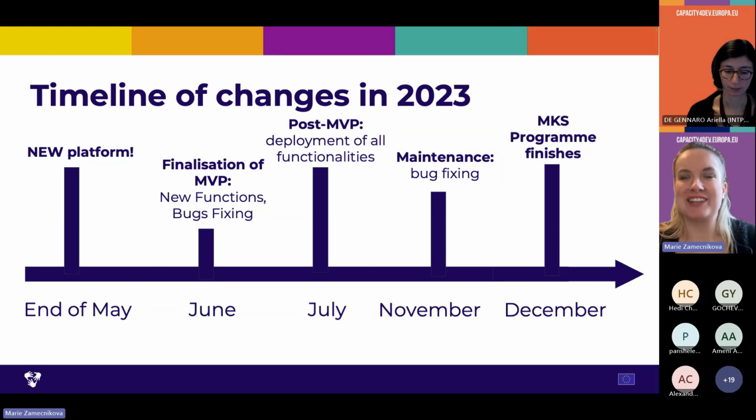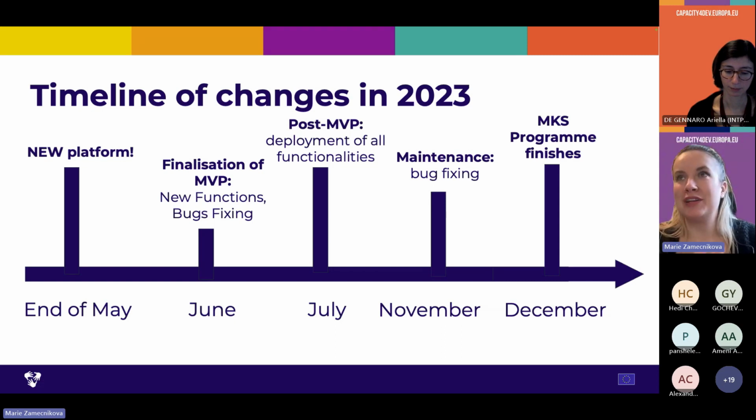But right now we are at the end of the post MVP, which means the last deployment of new features. As you can see, the post MVP started in July and lasted until November. And right now we are in the phase where we are mainly focusing on maintenance and bug fixing.